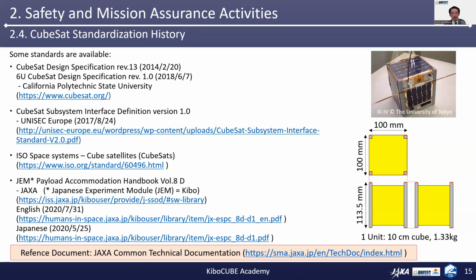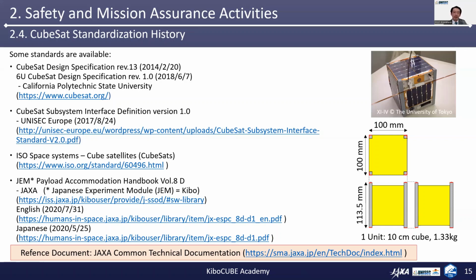The last one is the JEM Payload Accommodation Handbook, Vol. 8 Rev. D, released by JAXA. In terms of the KiboCUBE program, this handbook, which is also known as JPA, will be the most important document and guideline for you. Here, JEM stands for the Japanese Experiment Module, which is another name for the Kibo module.